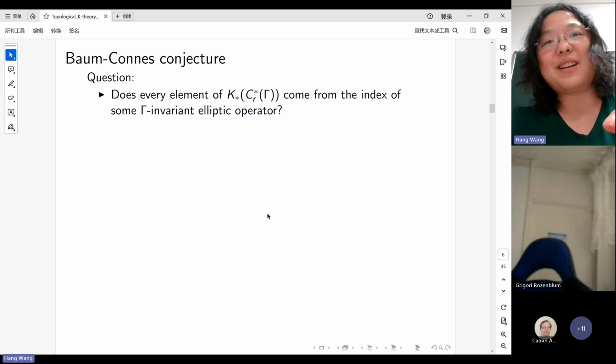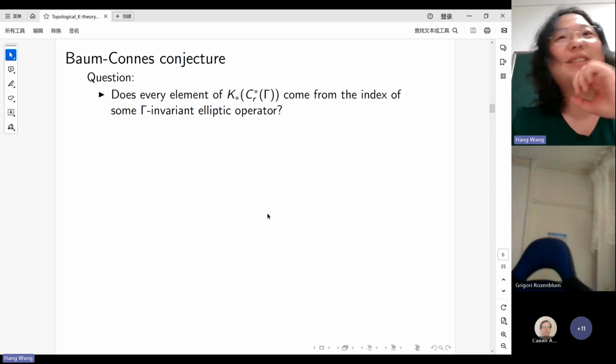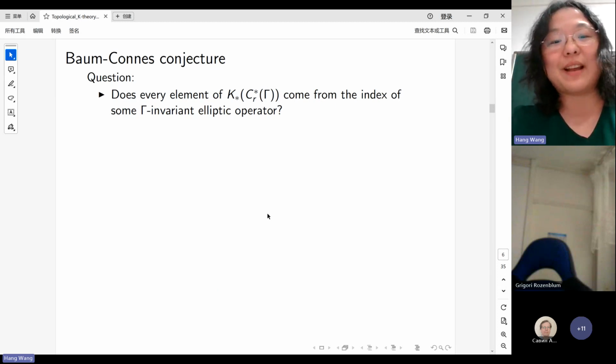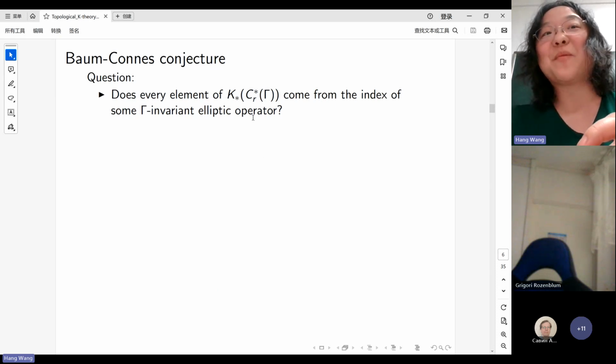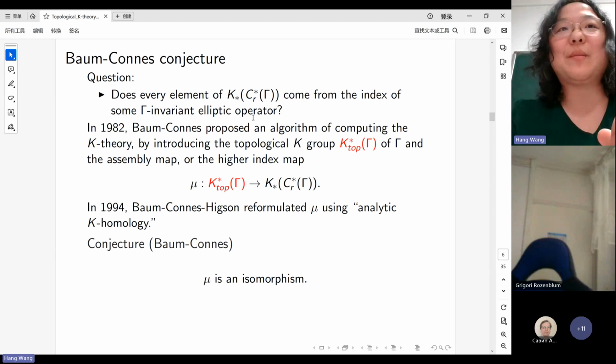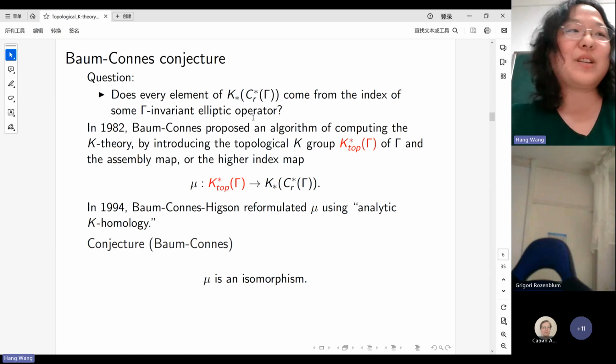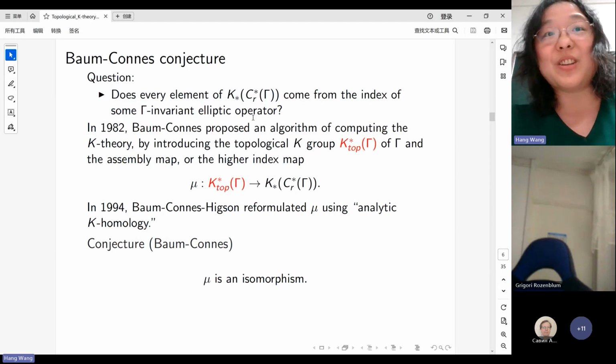And we see that the higher index lies in the K-theory of the reduced group C*-algebra. Conversely, one can ask this question: does every element of the K-theory of the reduced group C*-algebra come from the index of some gamma-invariant operator? This is very interesting because this is related to a famous conjecture in non-commutative geometry, the so-called Baum-Connes conjecture.